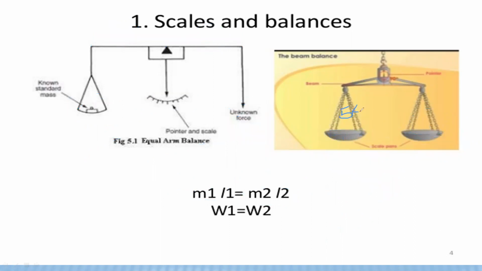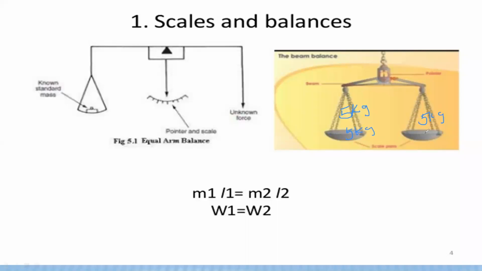So both are the same, it is in equilibrium position. The weights W1 and W2 are the same. But if on the left side you add 5 kg, and you don't know the right side weight.